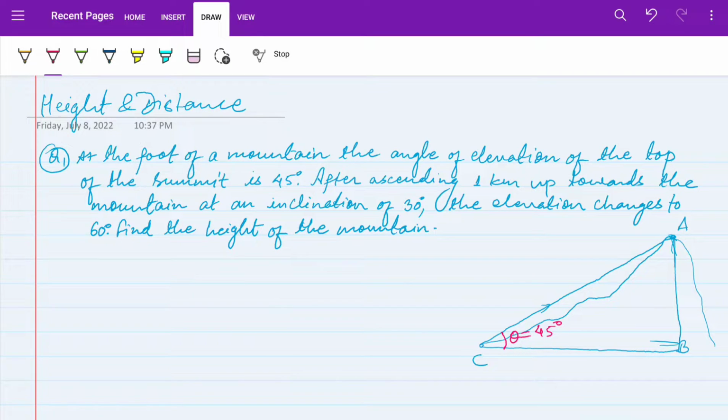Now in the other part of the question, after ascending 1 kilometer up towards the mountain, maybe it is a little bit like this. So you put another point here, take this another point here. So let me clear this.